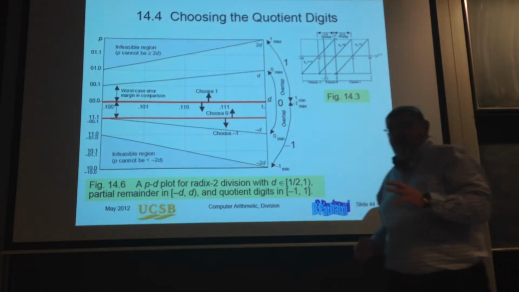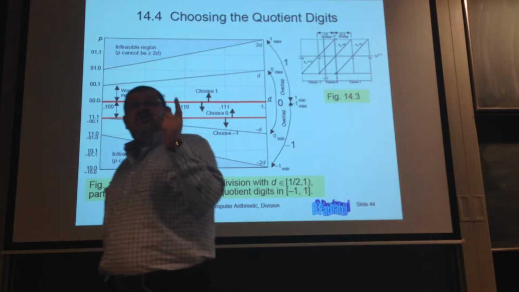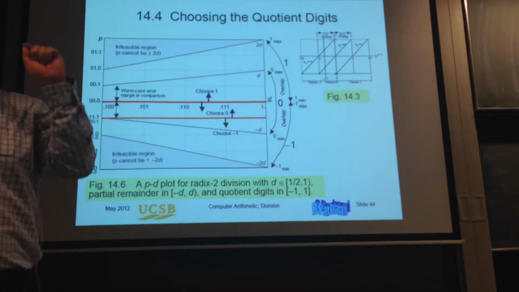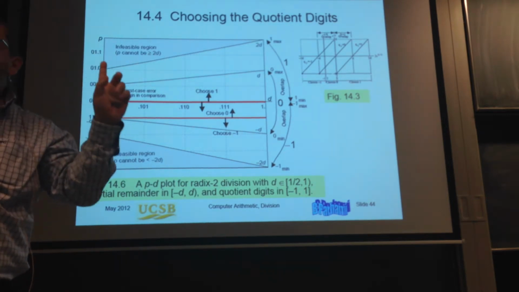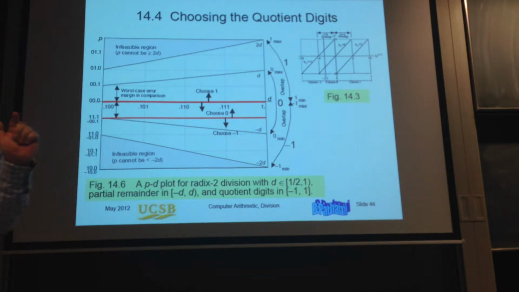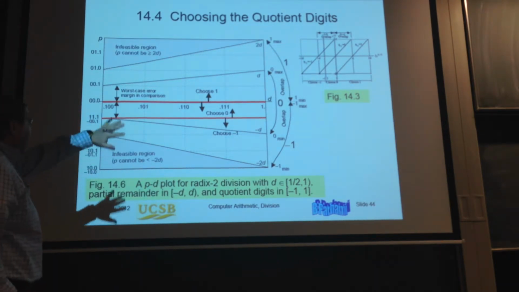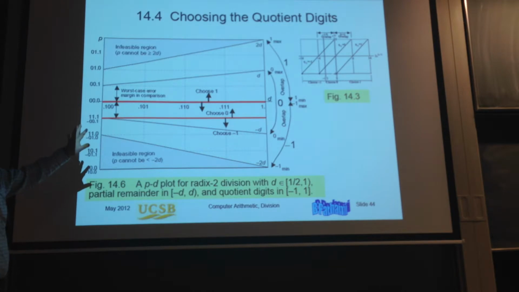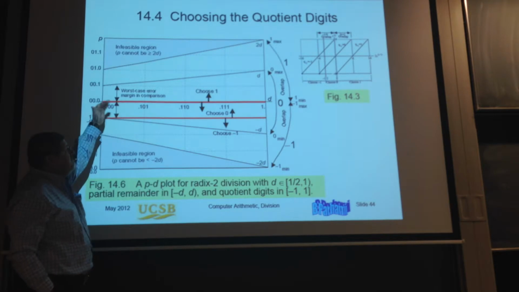But what is important is that if I decide what the division algorithm is and what the dynamic range of D is, I can get such a plot, which I can do with a computer program, and then my job in designing the divider will boil down to some kind of geometrical separation. I just have to draw some lines in such a way that my separation is nice.